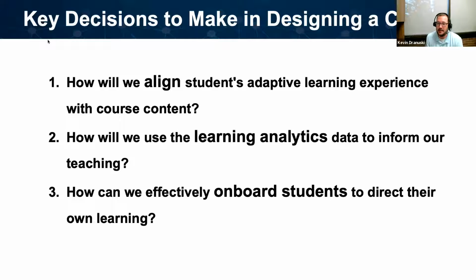First, how do we align a student's adaptive learning experience with the course content? It varied by discipline and by courseware, but adaptive courseware ranges from a whole class delivery system to specific sections. The instructor has control of what type of material they want to use from a particular courseware. So it was our goal to help them align their outcomes and objectives to the activities that they were selecting for their course.